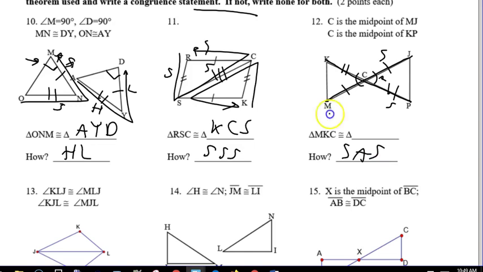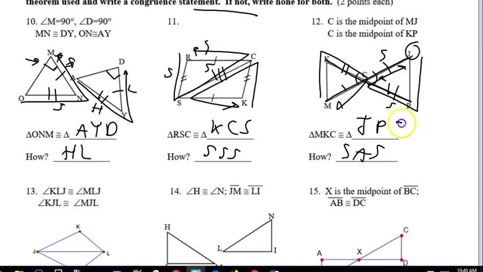MKC. So I'm starting at M, Highway 1. I did it again. Okay, MKC. I can read letters. M, K, C. So I'm going up, then 2, then 1. So I have to start at J to do this. 2, then 1. So that's going to be J, P, C. That's a C, not an S. J, P, C. Let's see.